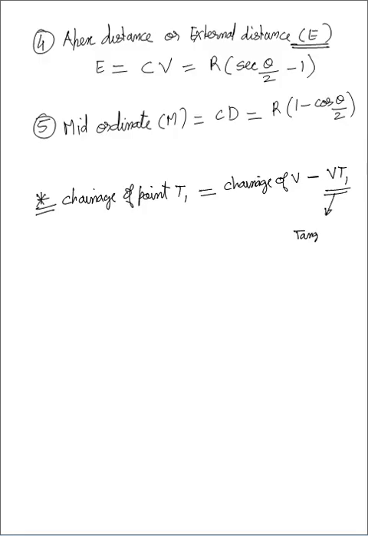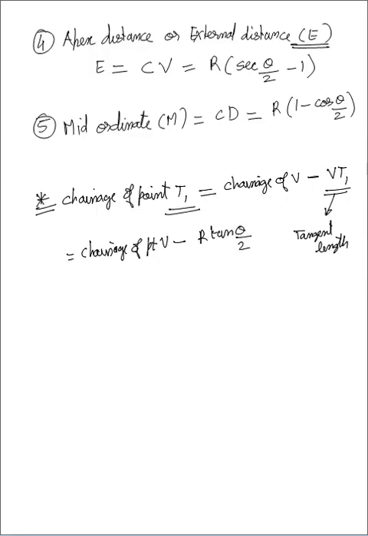I have given you the formula of tangent length: r tan theta by 2. So it is chainage of point V minus r tan theta by 2, right? So that is the chainage of point T1.